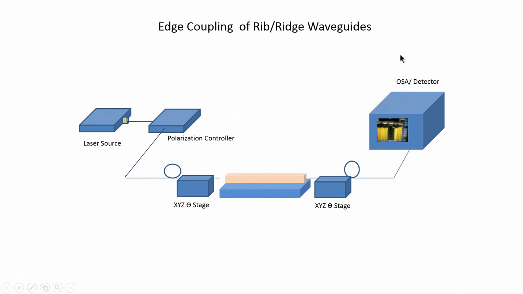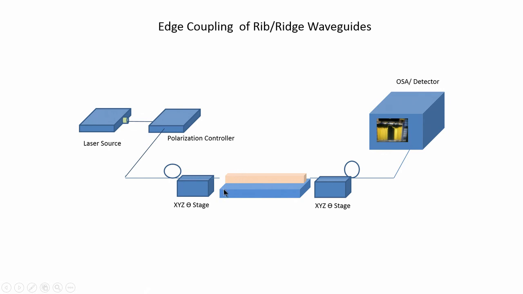The most common techniques involved in measurement of integrated optical devices in a laboratory consist of using a laser source, sometimes a tunable laser source depending on the properties that you would like to measure, devices for polarization control, and XY stages to position the input beam with respect to the photonic integrated circuit, and then finally a detecting system like a spectrum analyzer or a photodetector to measure.